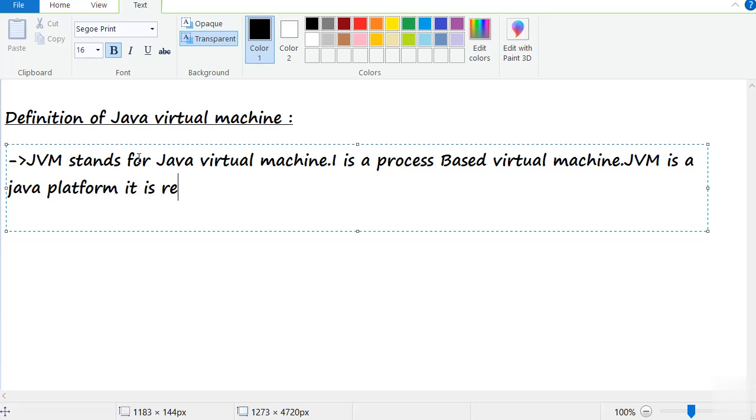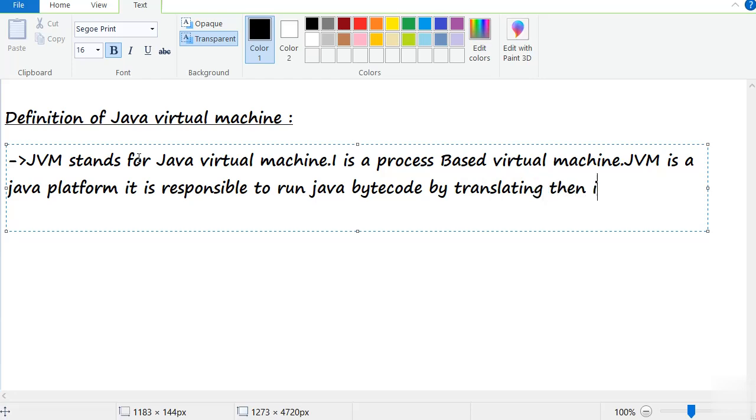It is responsible to run Java bytecode by translating them into the current operating system's machine language.